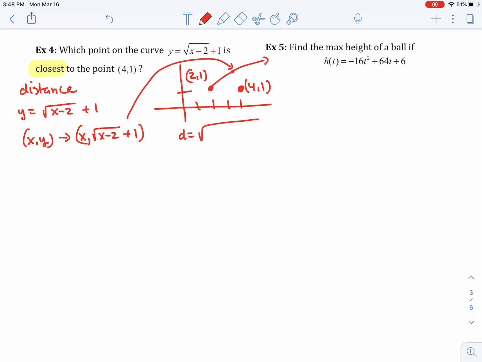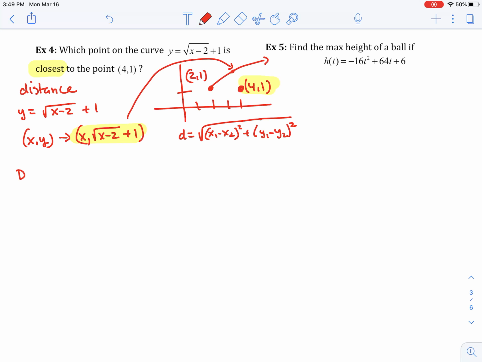And recall that distance is equal to the square root of the difference of our x's squared plus the difference of our 2 y's being squared. So we have 2 points here. We have this point right here and this point right here. We're trying to figure out the closest distance, which point is closest.